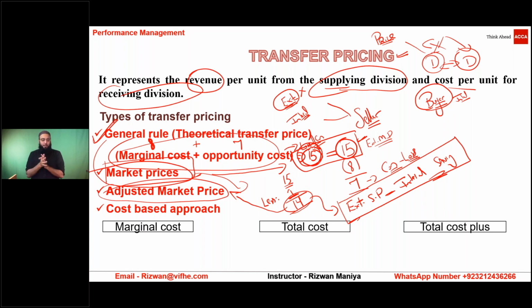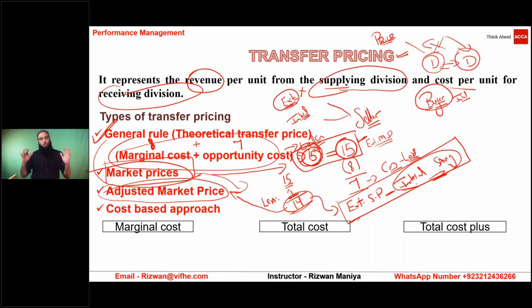That's the $1 saving, which means that if I remove that $1 saving, my market price will be called the adjusted market price, which is very similar to the market price. And this is just because of the internal saving that I'm having. That is why I can reduce the price by $1. That's it, because I'm not incurring that cost.